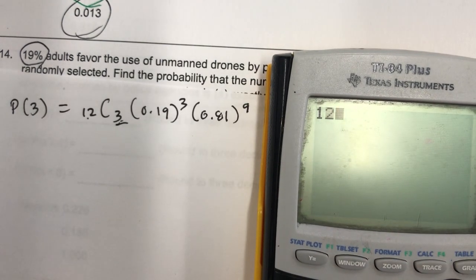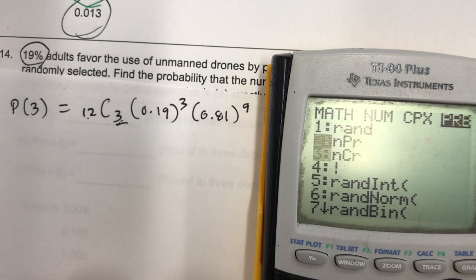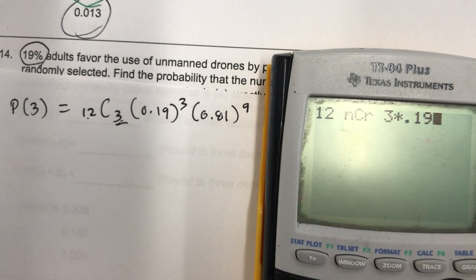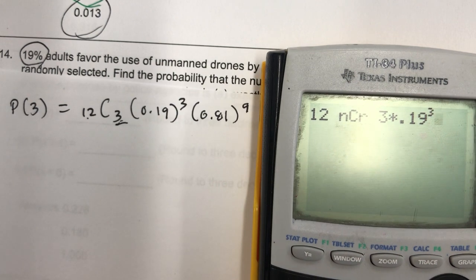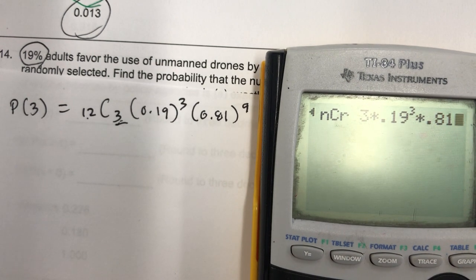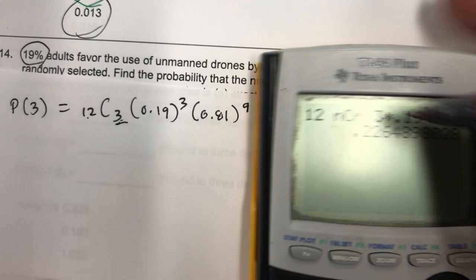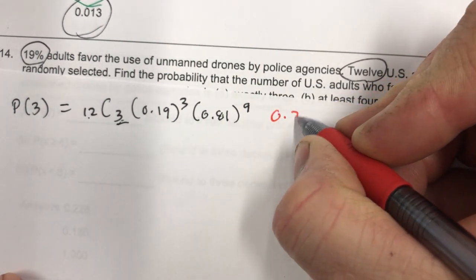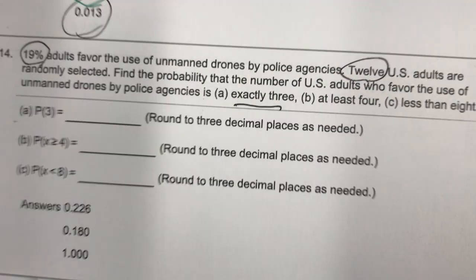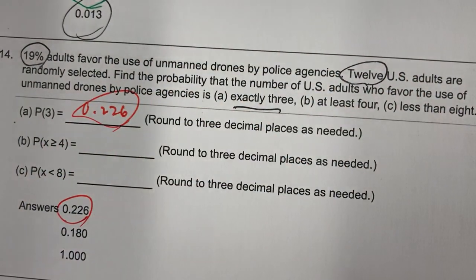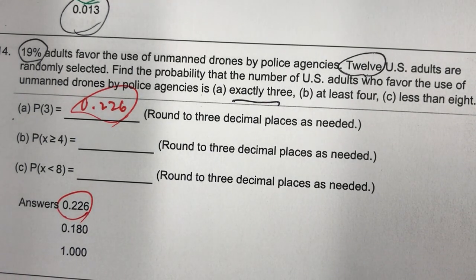So I'm going to do 12 nCr 3 times 0.19 to the 3 power times 0.81 to the 9 power, and I got 0.226. Look there, we're good. Okay.